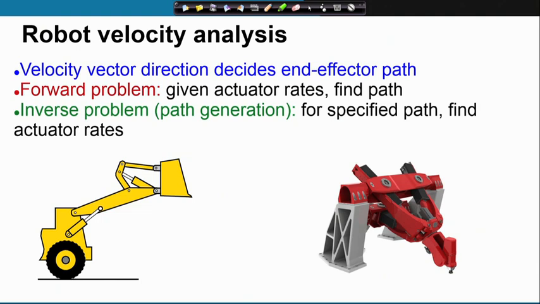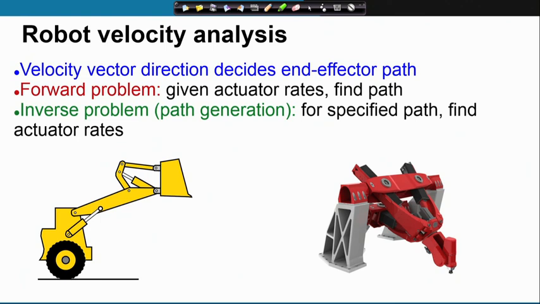Given a path, the velocity direction at any point on the path is specified. Therefore, the velocity analysis becomes a little more extended than in the case of constraint mechanisms.